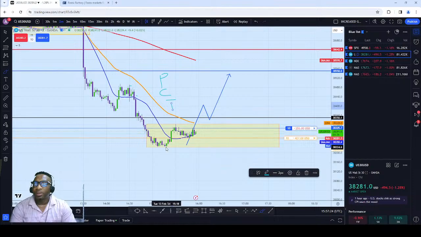Currently you can see price is above the moving average, so that one we can take. If you talk of the dominant color, from this point on, before it moves above the moving average, the dominant color is green. So we have a tick on it as well.